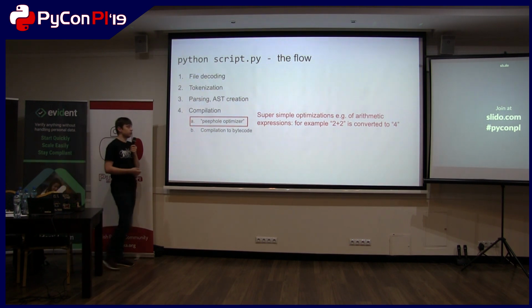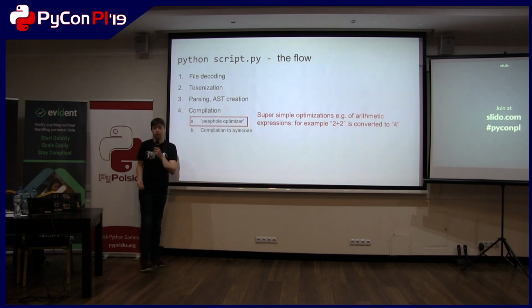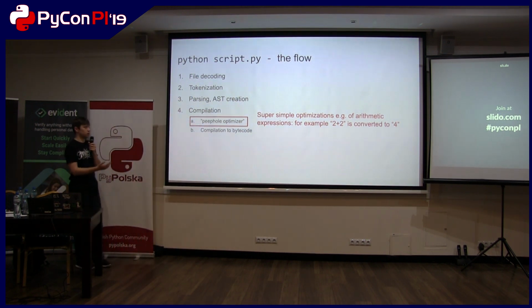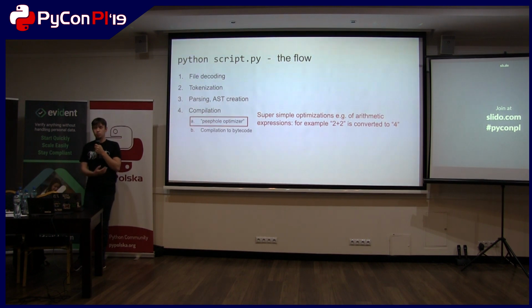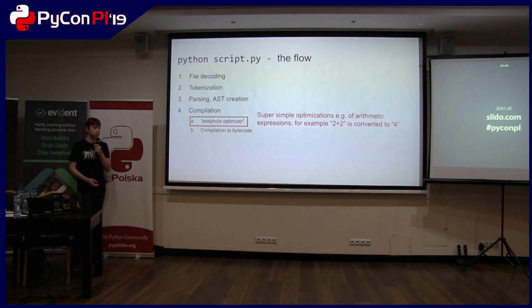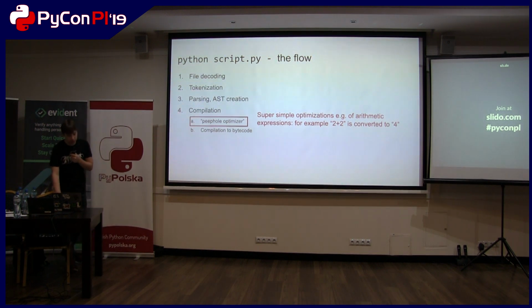So, for example, it optimizes things like 2 plus 2 and changes this constant expression into 4. But if you would multiply 2 with a very big number, it would probably not optimize it, because that optimization would take too much time, or it's too complex. They don't really want to spend time on that.